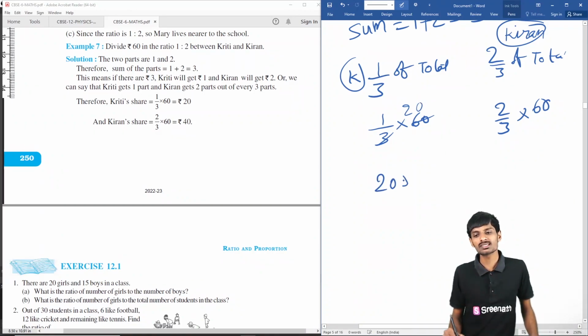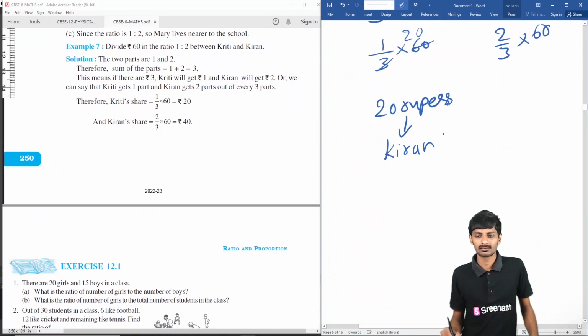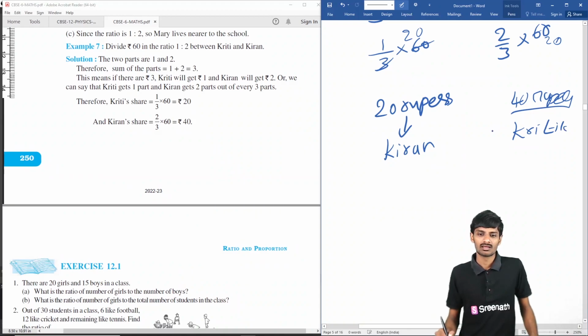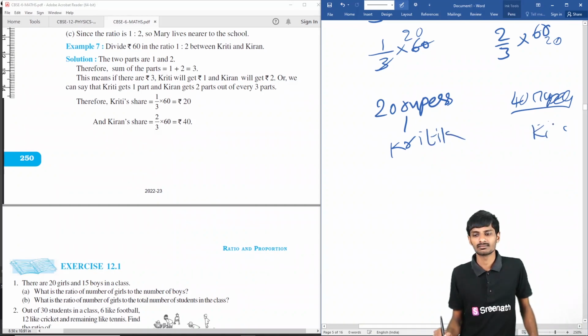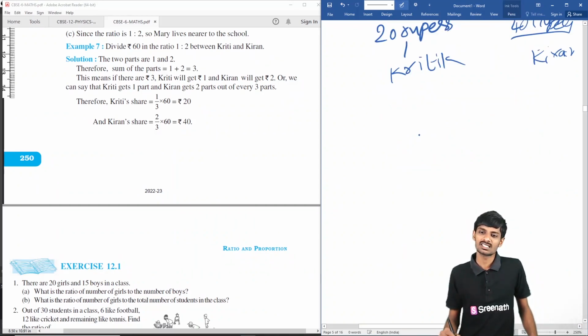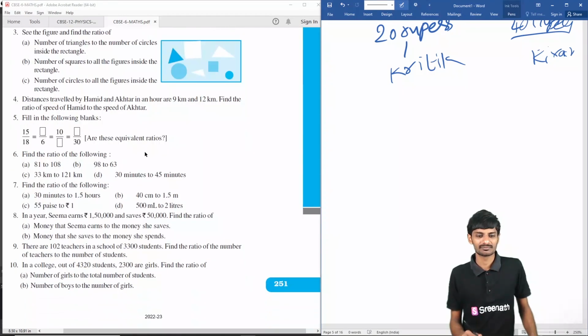So 20 rupees for Kritik. And it is again 20 into 2, it is 40. So 40 rupees for Kiran. So this is the way of doing the problem, students.